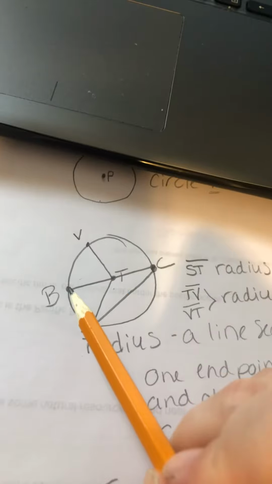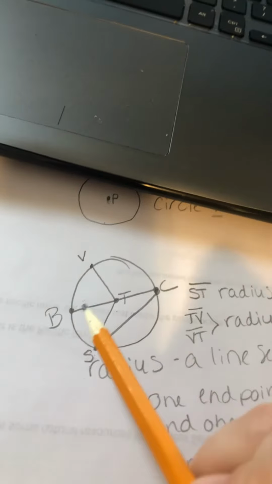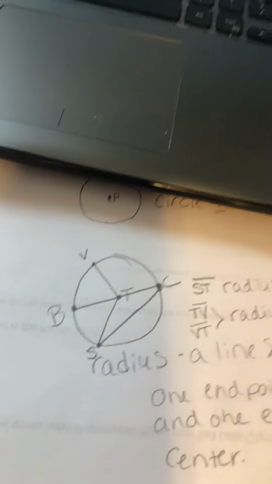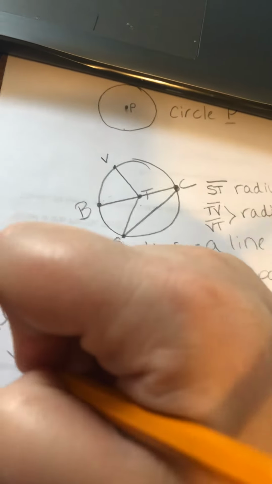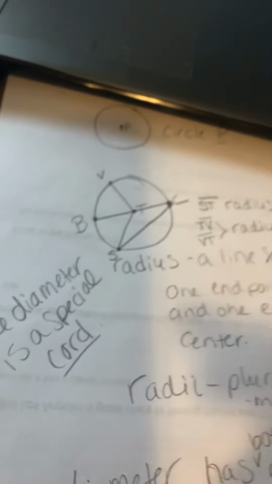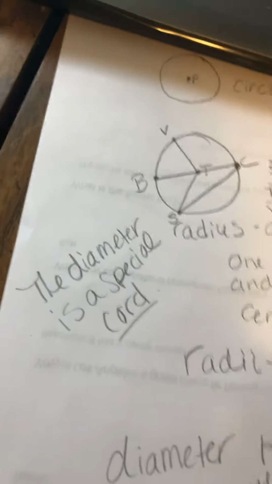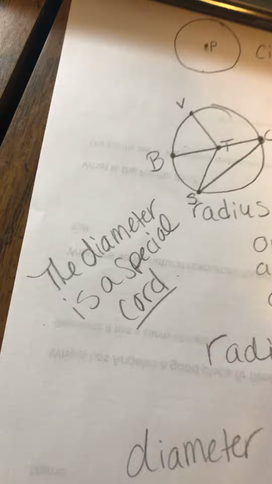Now, the diameter is actually considered a chord as well. It is a special chord, because it does pass through the center. So it's still considered a chord, it's just a special chord because it passes through the center.